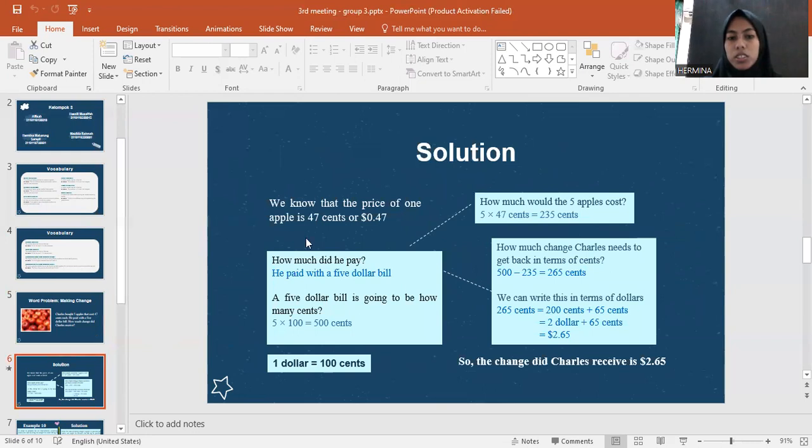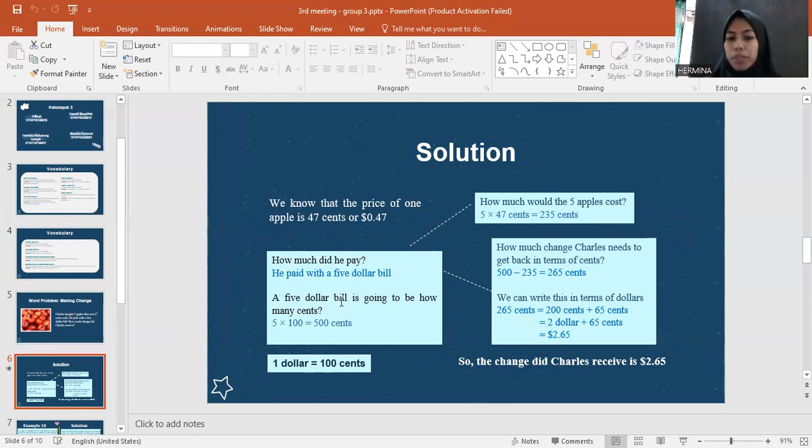So this is our solution. We know that the price of one apple is 47 cents. We can write it like this and also like this. How much did he pay? The answer here is he paid with a $5 bill, like what we saw in the question.